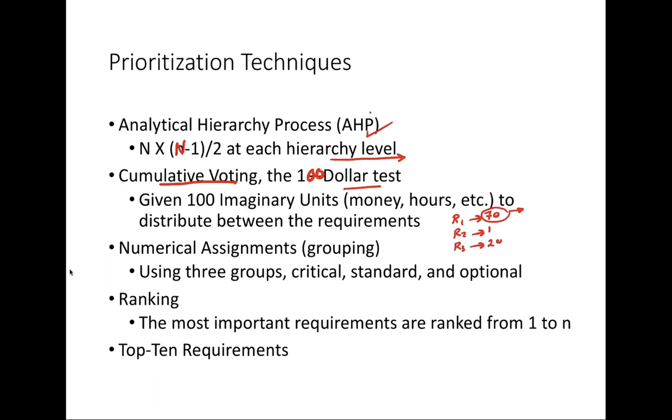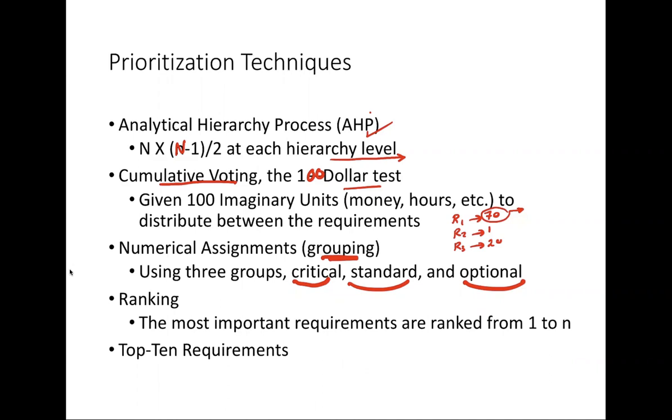Another way of prioritizing requirements is numerical assignment, which is a grouping method. In this one, you classify the requirements into just three groups: the critical group, the standard group, and the optional group. It's just a numerical assignment, manually assigned by the requirement engineer.